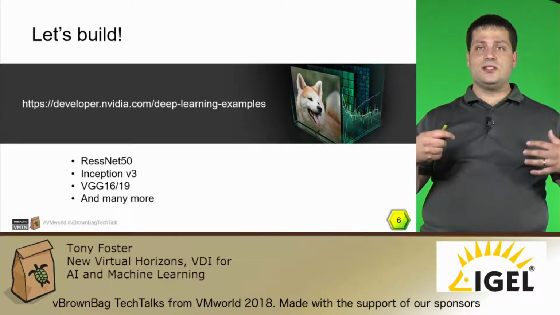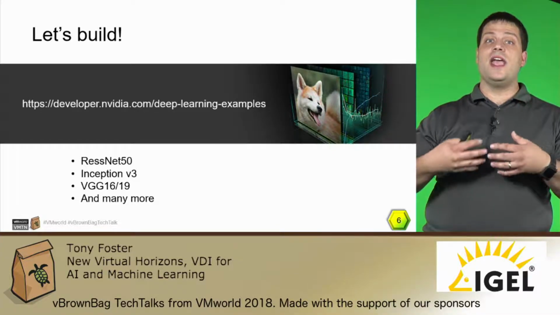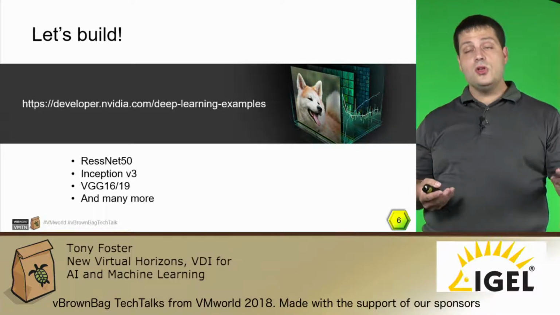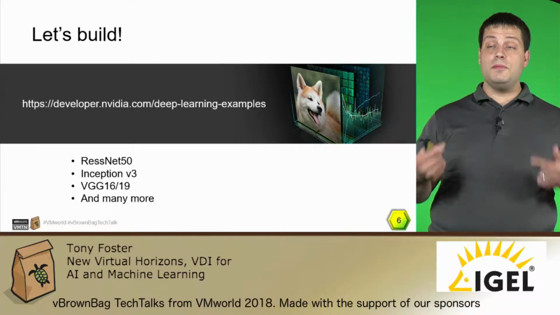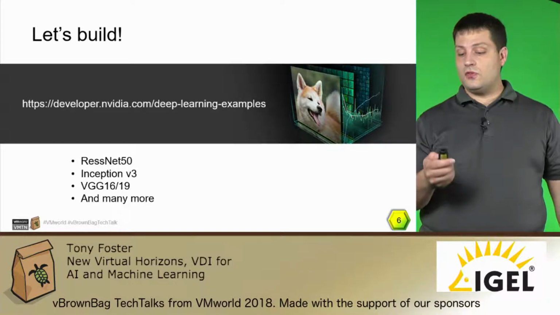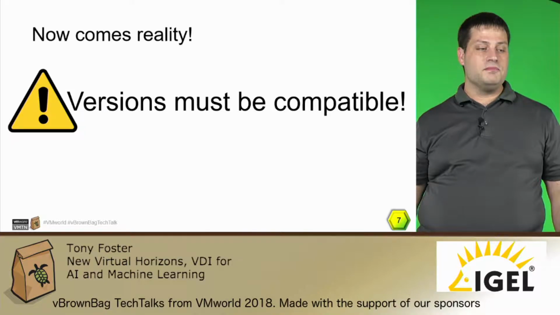The ones I just listed are strictly image recognition. They have audio recognition, all sorts of different things. You can pick and choose what you want and pull down the repos to your virtual machine to use as you see fit. Most of them are pre-trained.